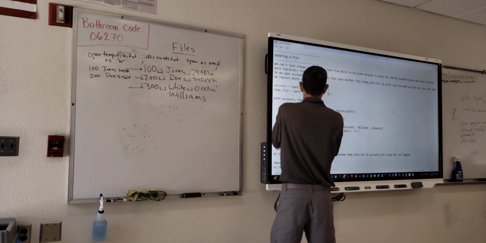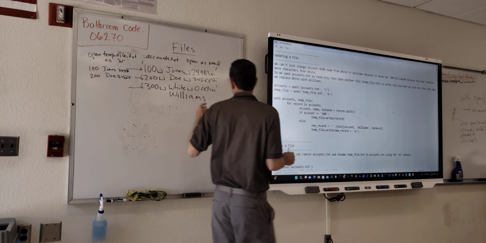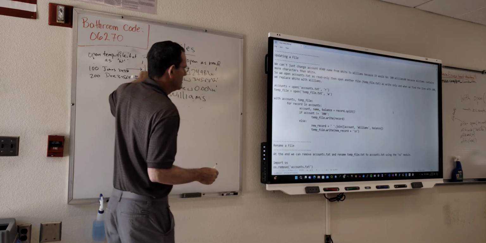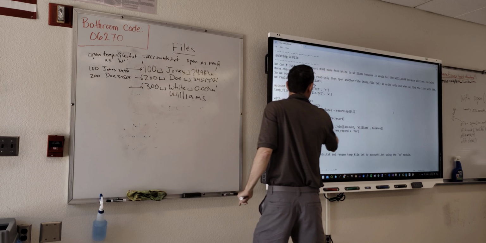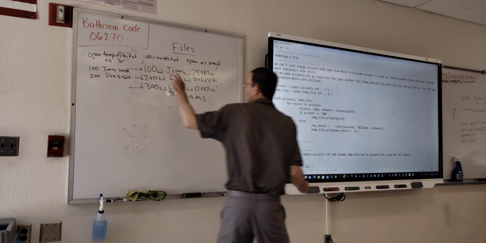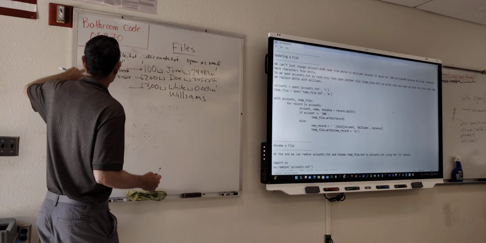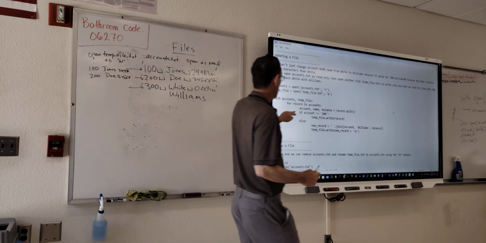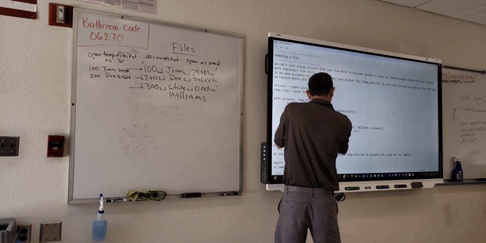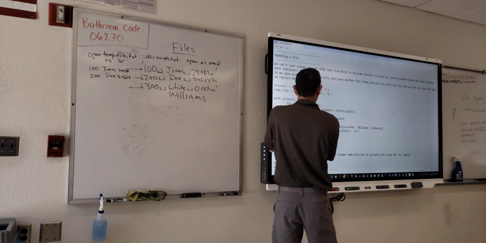And then we're doing an if statement. If account is not equal to 300, we're just going to write it to the temp file. So we've hit the first two and we've written them to the temp file. Now, if it's not equal to 300, it means it is equal to 300.